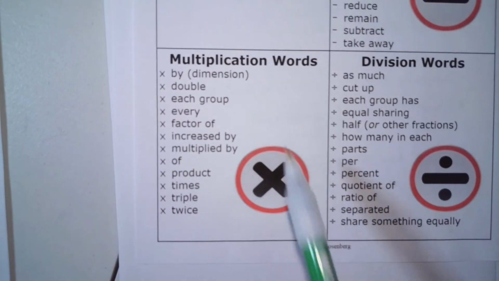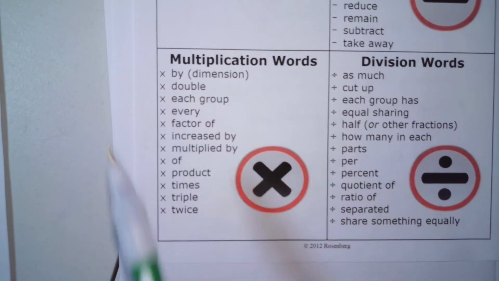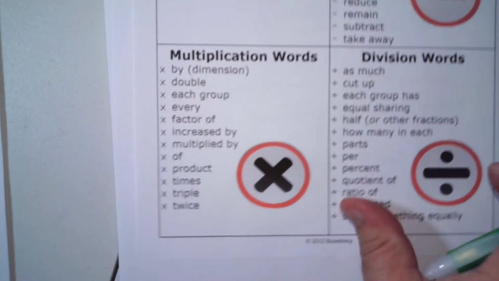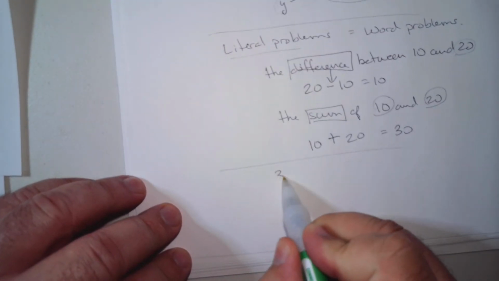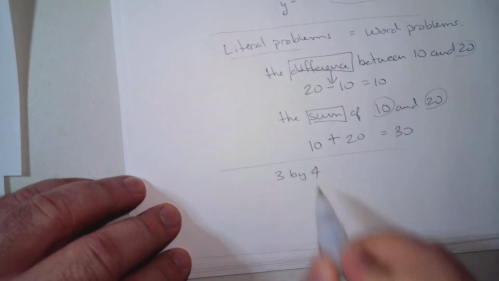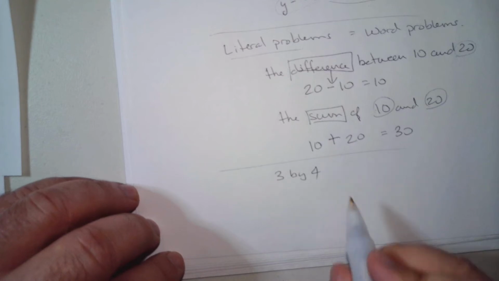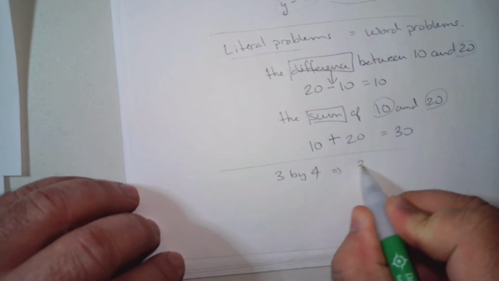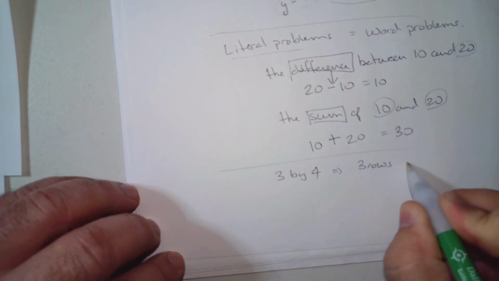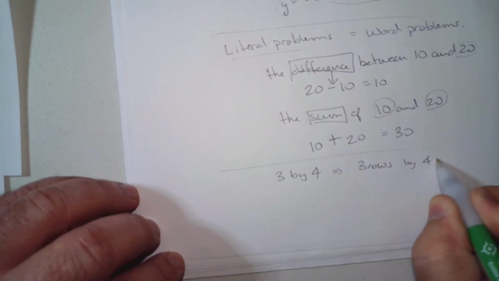The symbol means multiplication. By. When you hear somebody say 3 by 4, we usually talk about a matrix. They're talking about 3 rows by 4 columns.